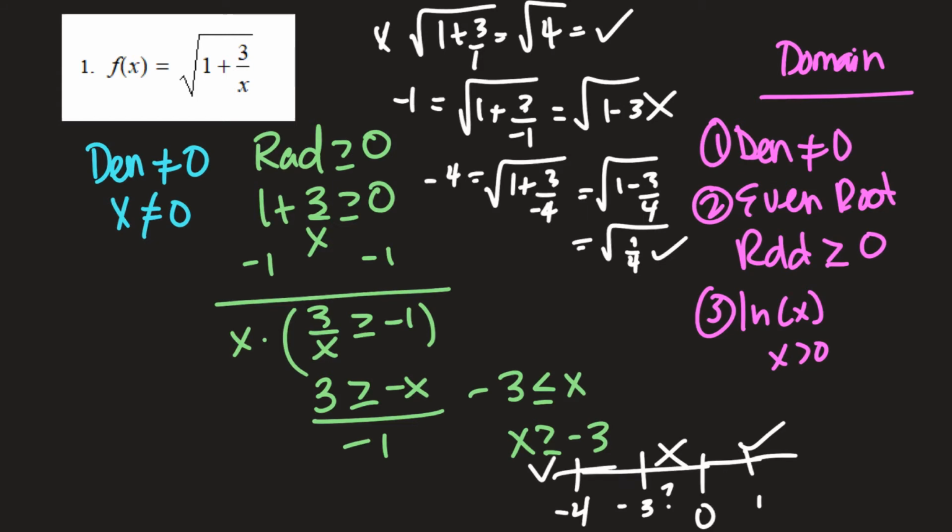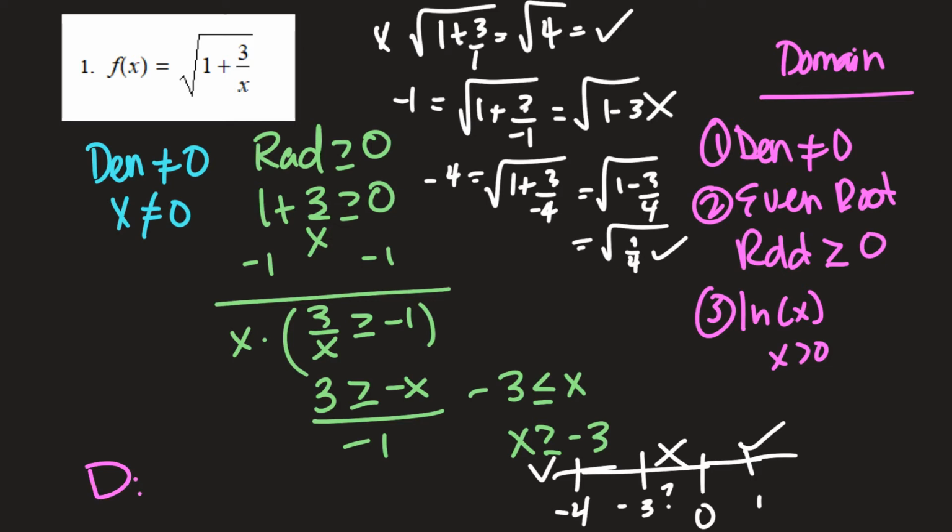Remember that as these numbers get larger in the negative direction, that fraction is getting smaller, less and less than 1, so it's always going to be positive. Now we know our sections and we can write our final domain.